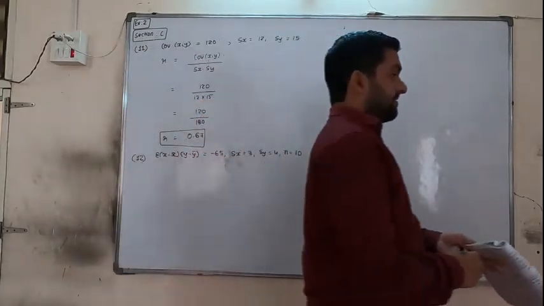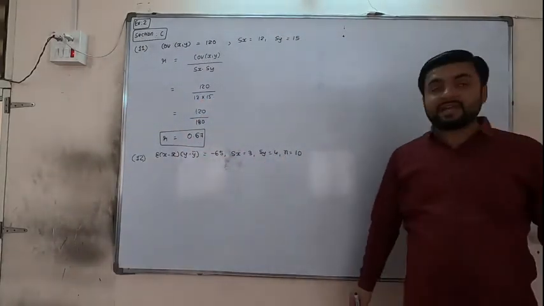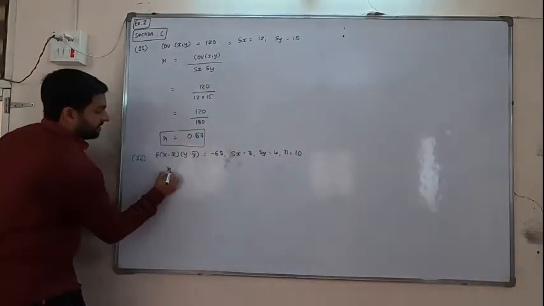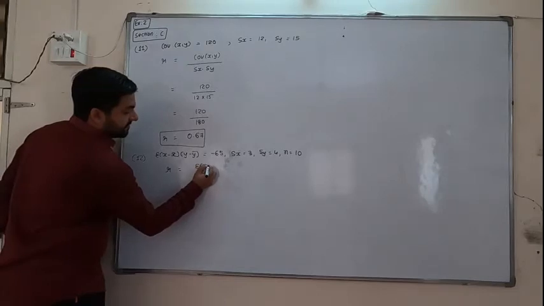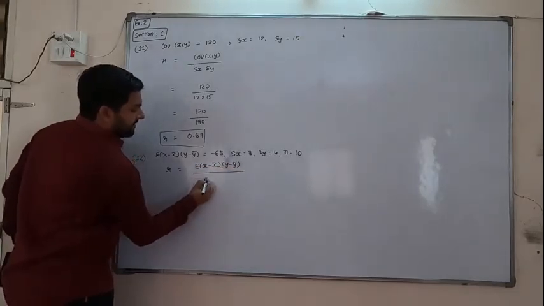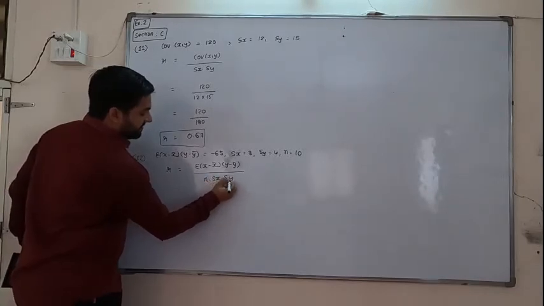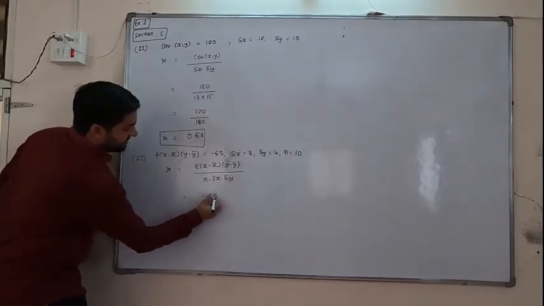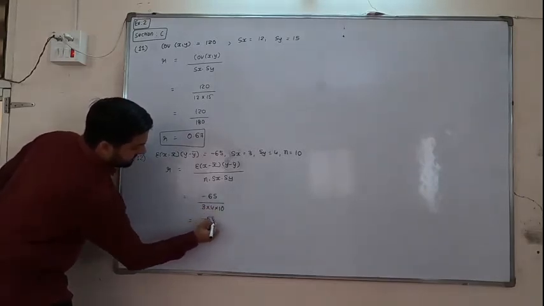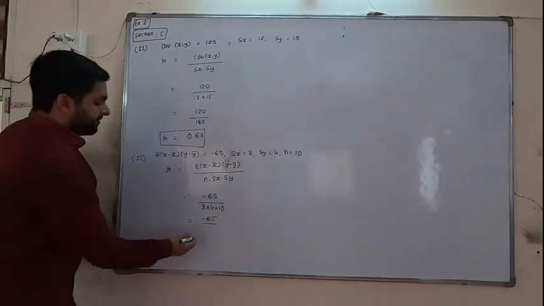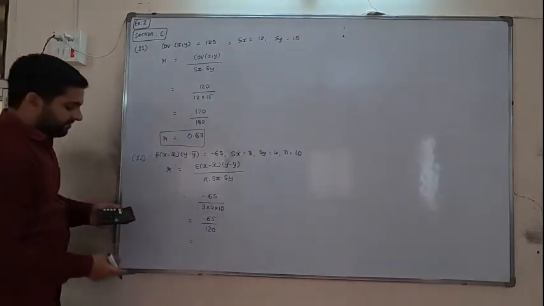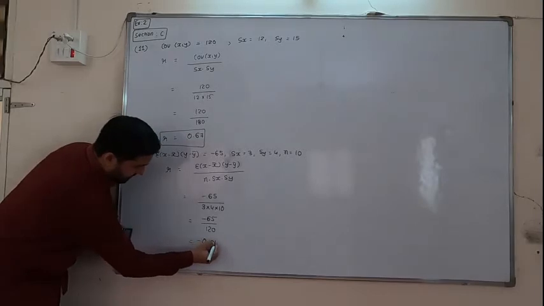Now as I said friends, when covariance is not given, n is used. Okay, so what will be the formula? R is equal to sigma x minus x bar multiply y minus y bar divided by n into Sx into Sy. Minus 65 divided by 3 into 4 into 10, minus 65 divided by 120. So minus 65 divided by 120 is minus 0.54.